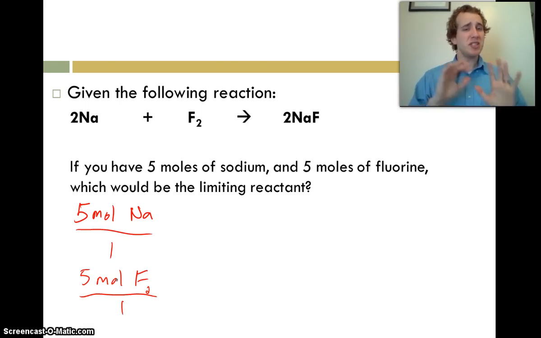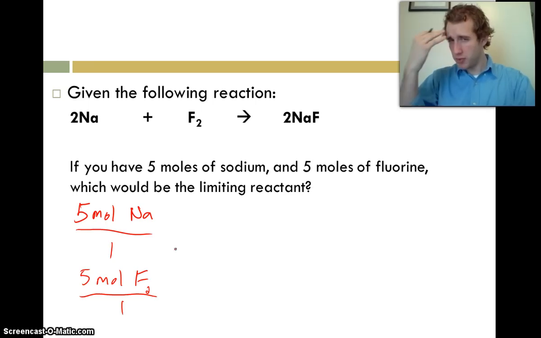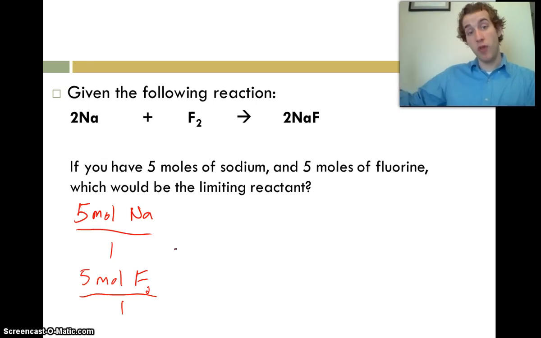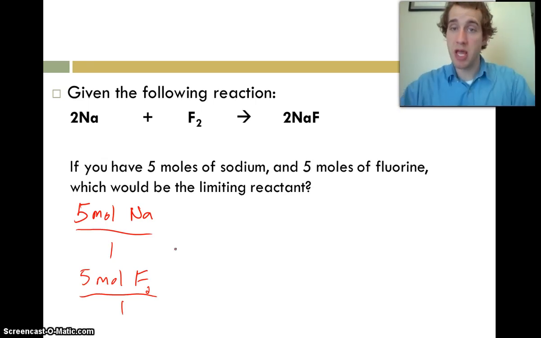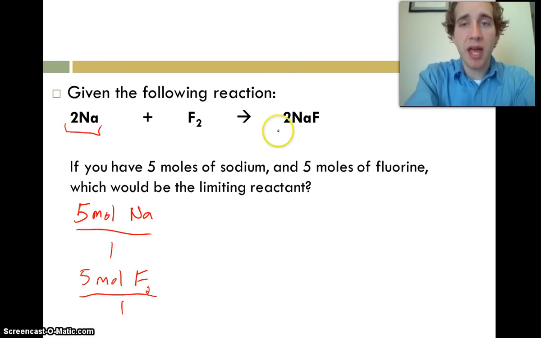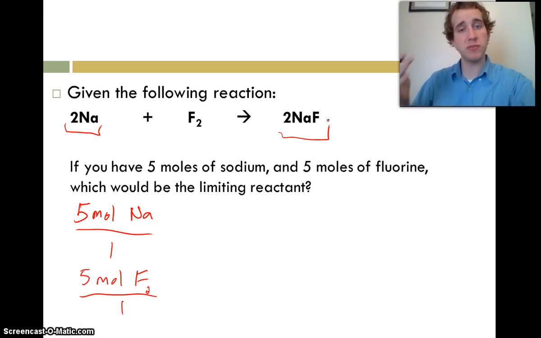Well, let's just, for a moment, suppose that the sodium was the limiting reactant. Could we, using what we know about our stoichiometry, figure out how much sodium fluoride our sodium could make? Well, sure. We know there's a relationship between sodium and sodium fluoride. That relationship is a mole ratio. The ratio here is 2 to 2.